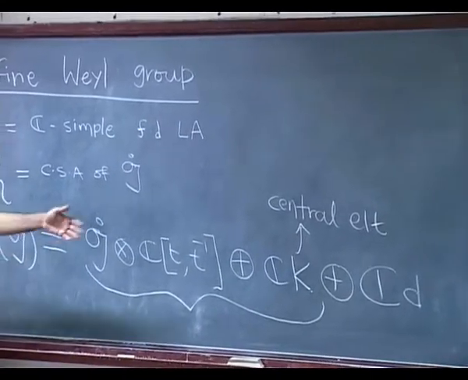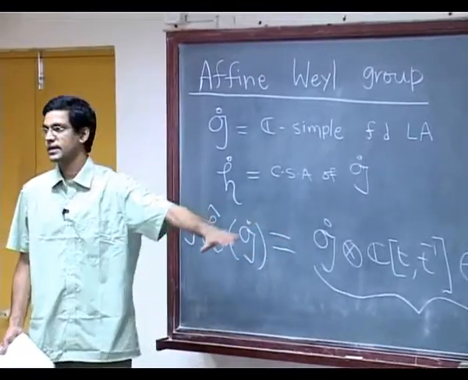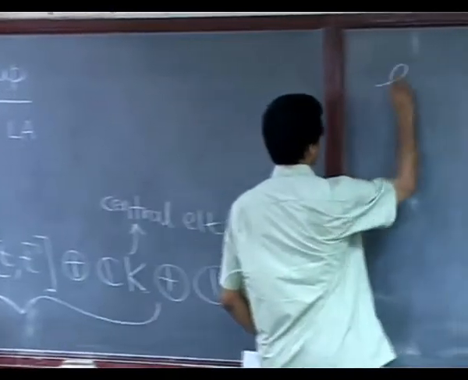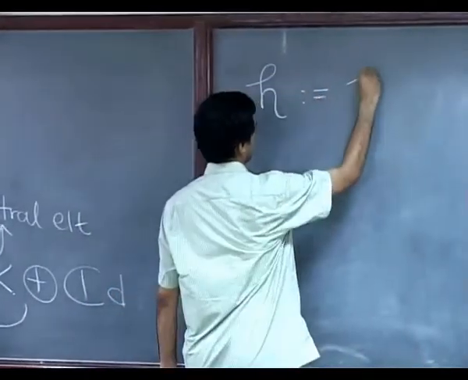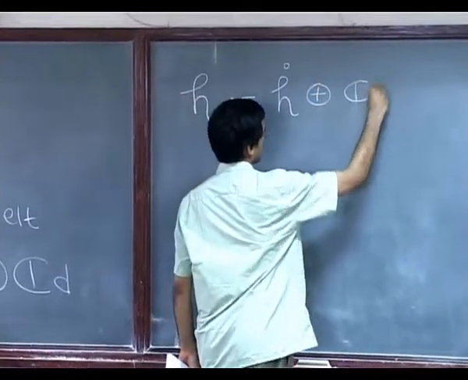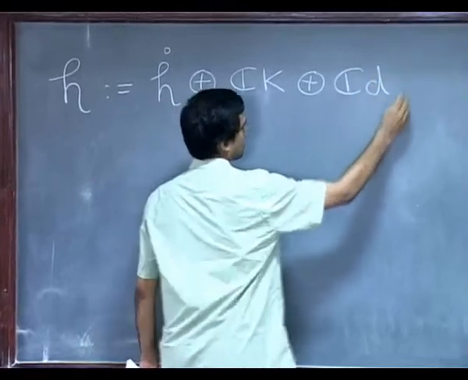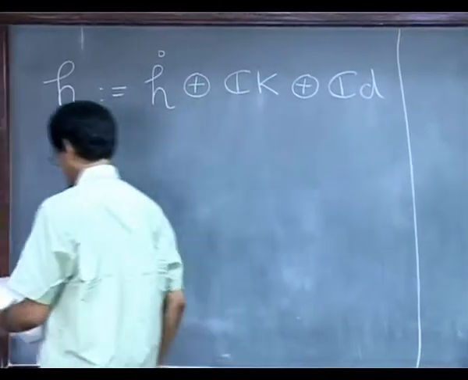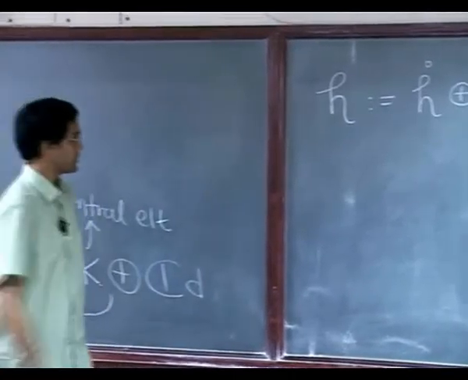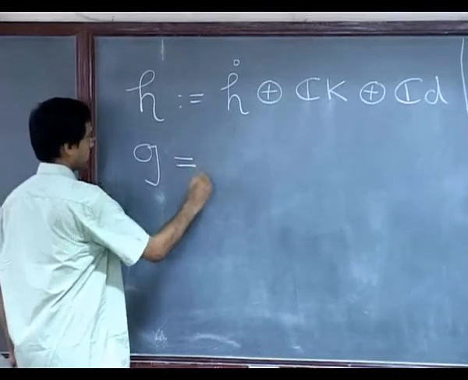Okay, and then we define by fiat the Cartan subalgebra of this resulting affine Kac-Moody algebra: take the finite dimensional Cartan, and then you add these two extra elements, K and D. All the same kinds of things that happen in the finite dimensional setup happen here.